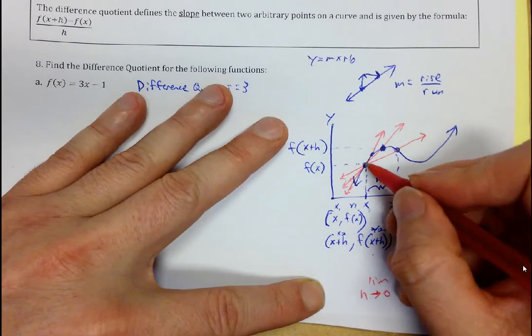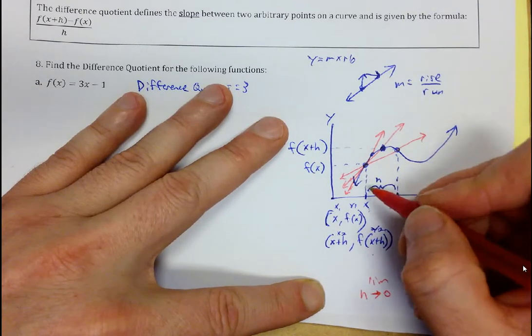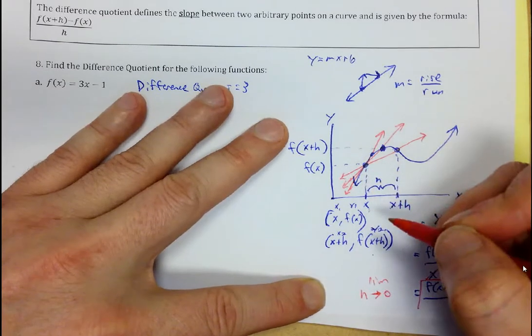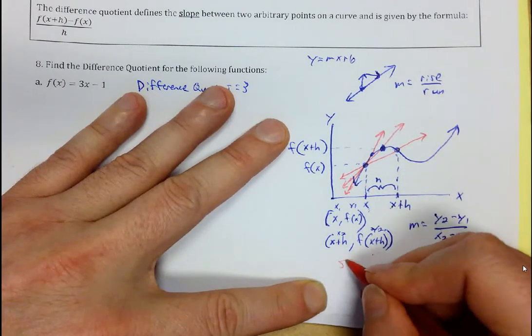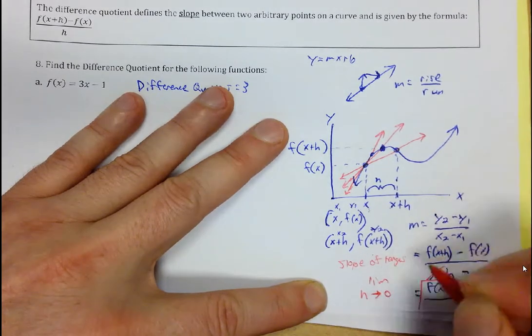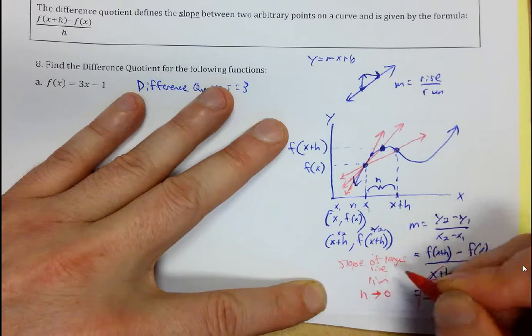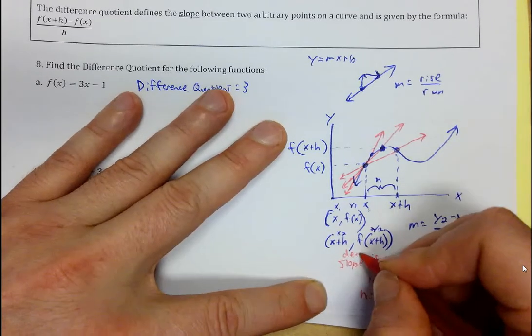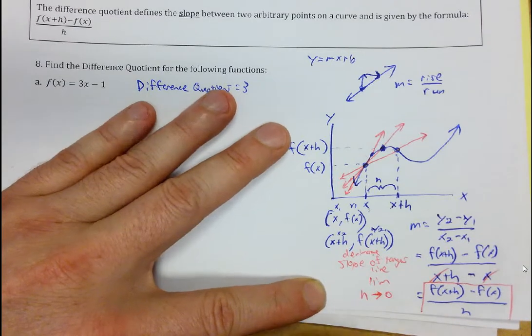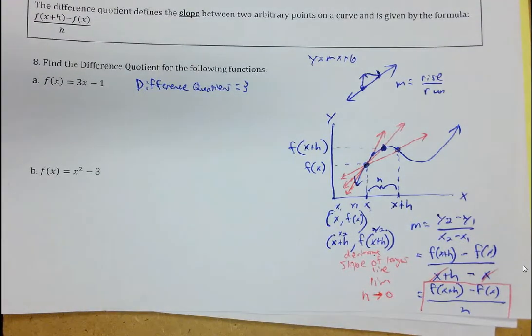And you can keep doing this until the points are right next to each other. And in that case, we have our final slope. We call it the slope of the tangent line. Slope of tangent line, also known as the derivative. And that's what calculus, or at least differential calculus, is all about. You can always think of this in terms of the slope of a tangent line.